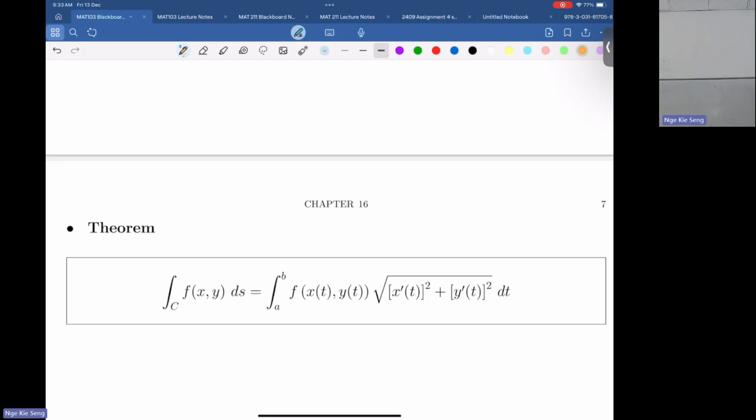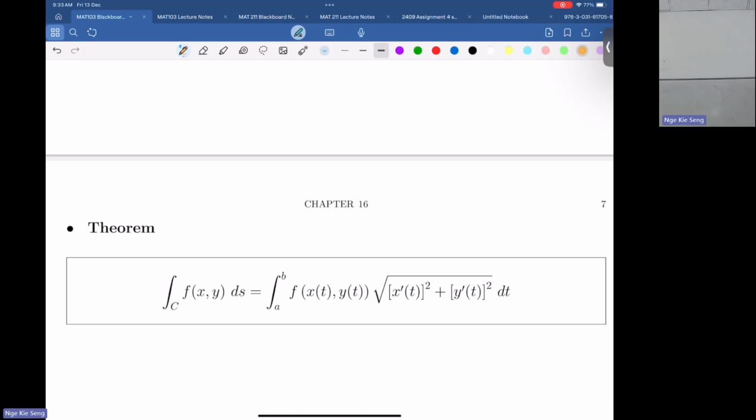So what do you think about this a and b here? What should a and b be? The starting point and endpoint. These a and b refer to the range of the variable you take. And this t is to parametrize your curved line.